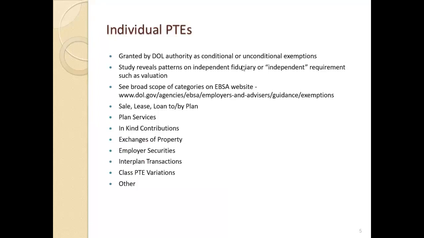And you get the same thing on, just a continuation, plan service arrangements, in-kind contributions of property. These are all examples: employer securities, public companies, looking at unitized funds or just valuations on private deals, ESOP deals.